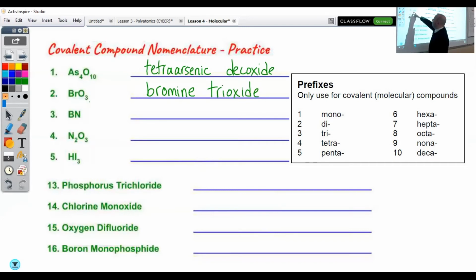In our next example, again, no subscript, so no prefix over here. We have boron. Now, in this case, we have just 1 nitrogen. The second element will always get a prefix, even when there's just 1 of them. So we're going to put the prefix for 1, mononitride.